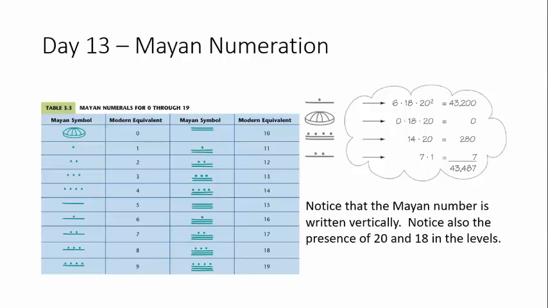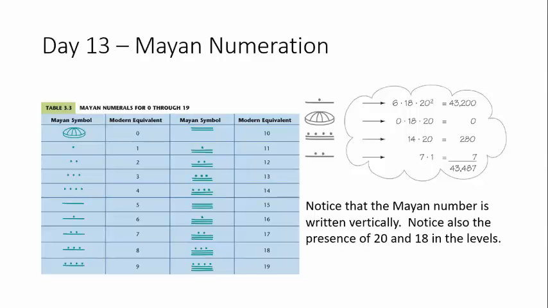And the multiplier is 18 times 20 squared. All right, so multiplying by another 20 here. So we do all the multiplication and add. So these symbols that we see here represent the number 43,487.